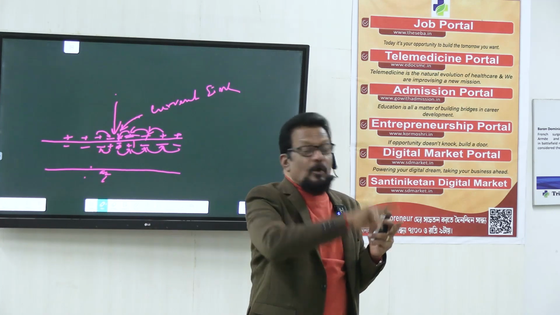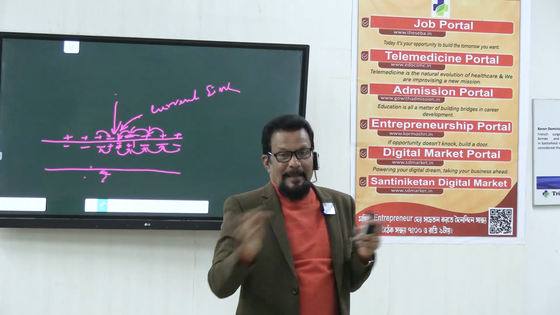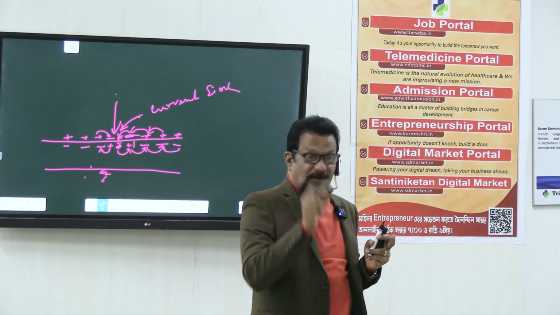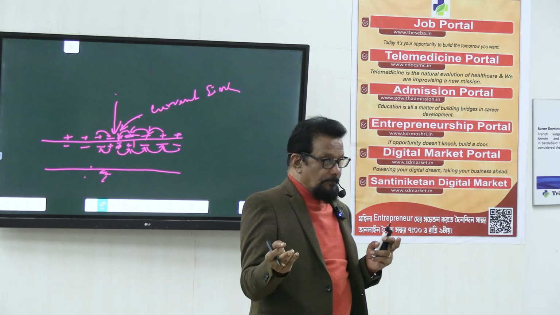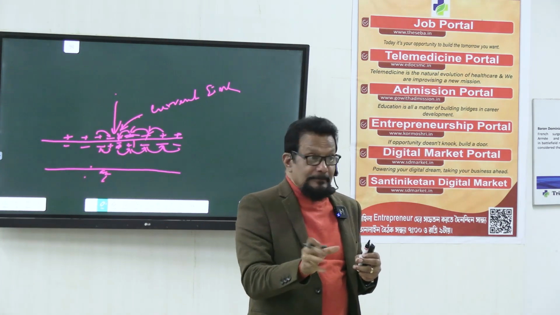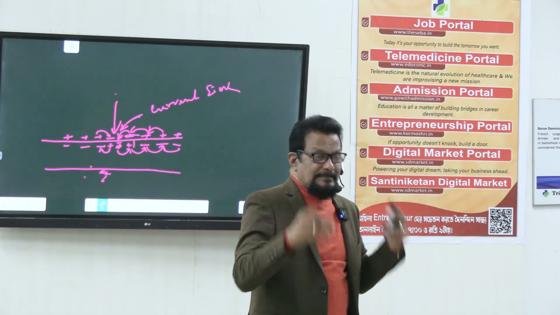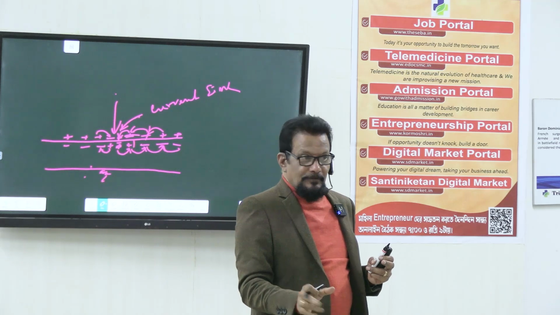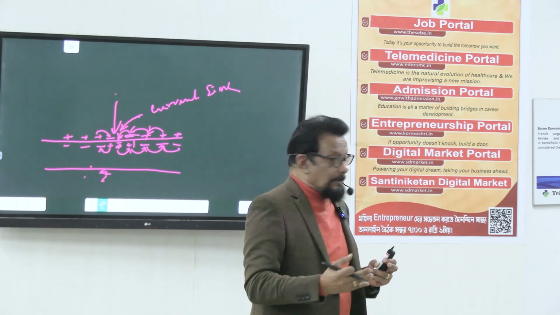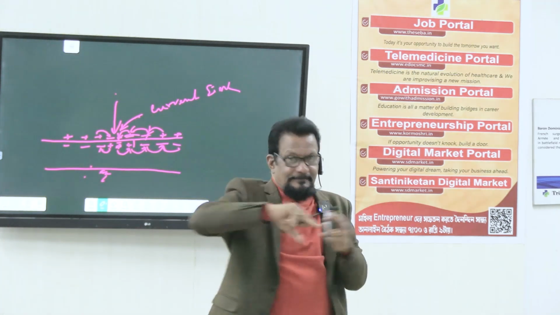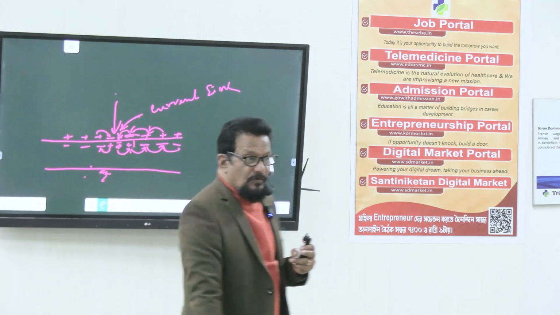So as a result, conduction will be higher. Mechanism is the same, but here it is faster in case of myelinated nerve. Why? Because number of sodium channels is much higher in the node of Ranvier. So depolarization, development of action potential is faster. As a result, their movement will also be faster.